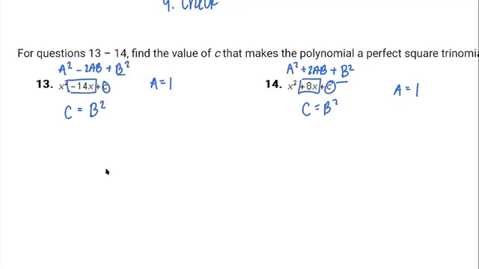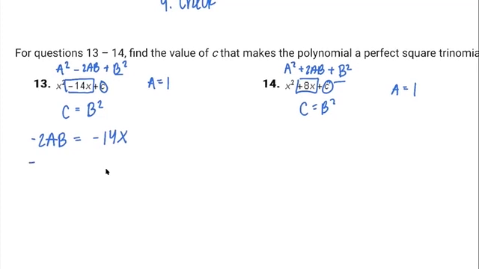Since we know that a is equal to 1, negative 2ab is equal to negative 14x. It fits that equation. Plug in what we know: negative 2 times 1 times b is equal to negative 14x. I'm left with negative 2b is equal to negative 14x.